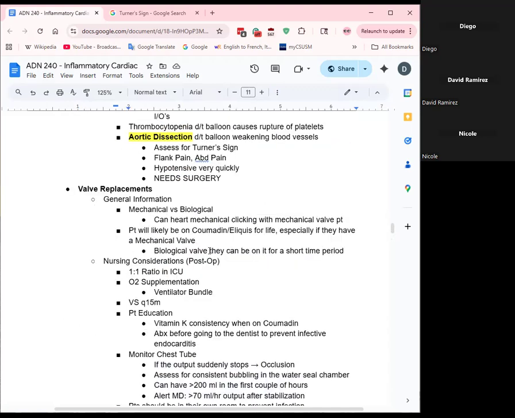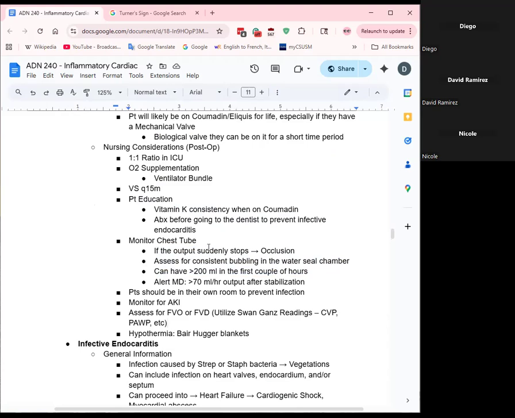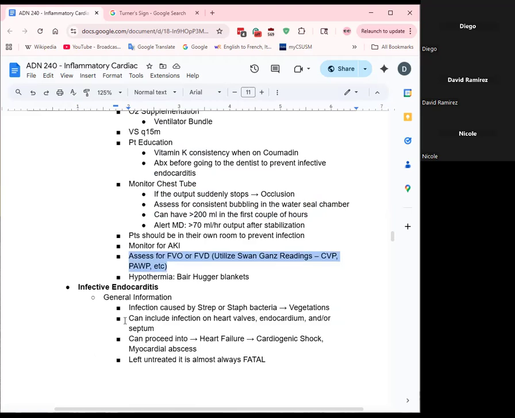And if they're having a valve, you want to make sure they're not having heart failure symptoms. So you're making sure they're not overloaded, or hypovolemic from internal bleeding, or some sort of complication there.